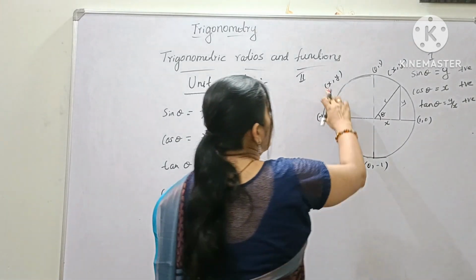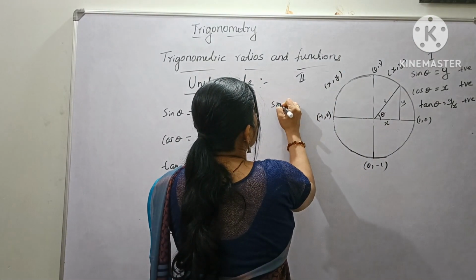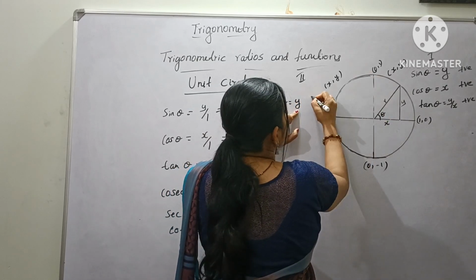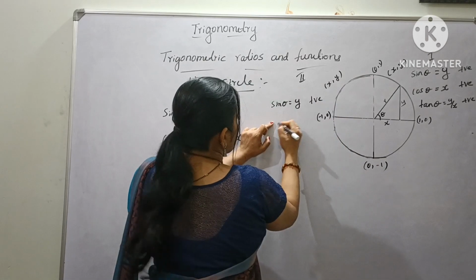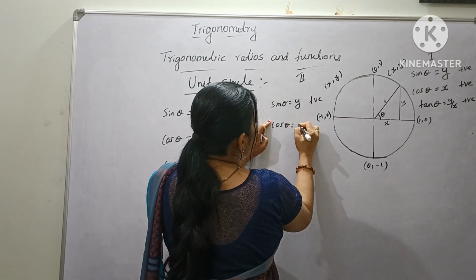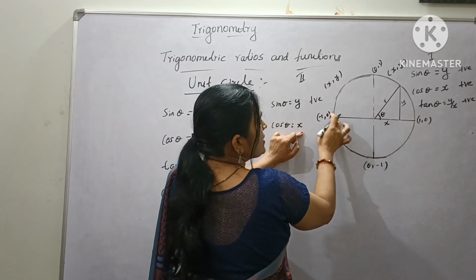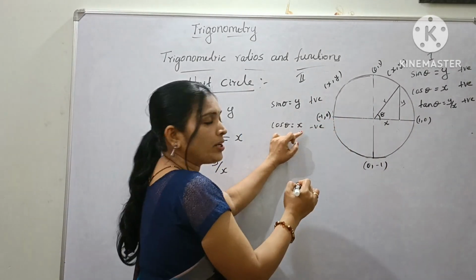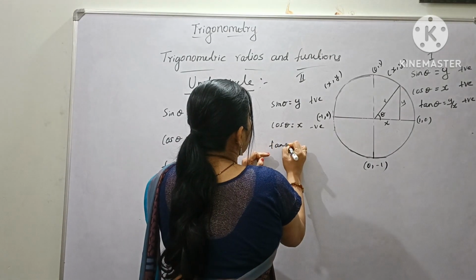So let us see, sin theta is equal to y. Y is positive. Next, cos theta is equal to x, and x is negative in the second quadrant. So what about tan theta?